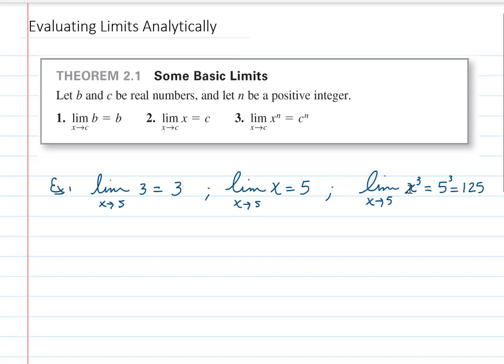And very similar here, if you have that same x raised to some power, as x goes to some limit point, in this example 5, you just plug in the 5 and we get 5 cubed in this case, because we're doing the limit of x cubed, and that's of course 125, and that's the limit. So very straightforward here. I should be able to quickly do any of these basic limits.